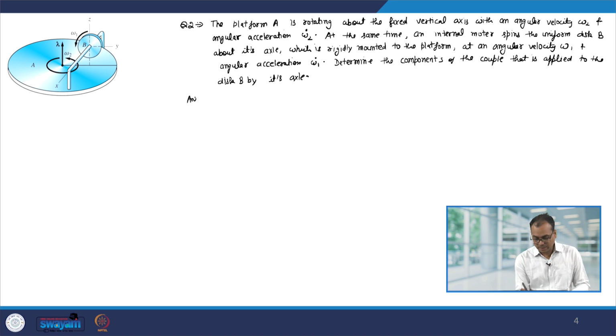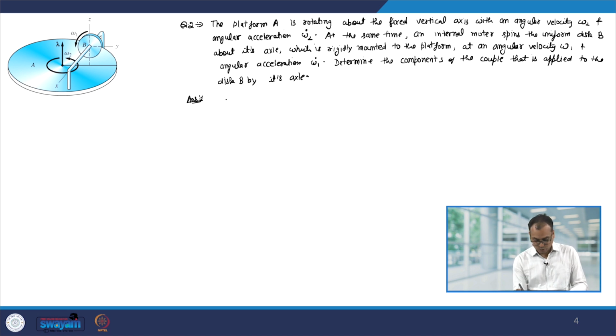Again, you can see here that the small xyz axes are embedded in disc B, and the small xyz axes are also the principal inertia axes. Therefore, we can use the Euler equations of motion.